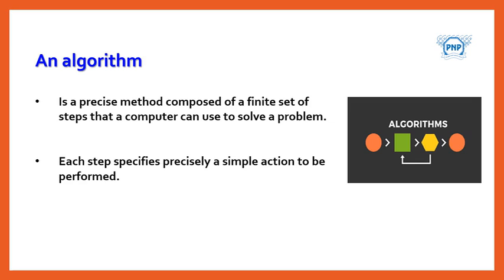First, the important part: an algorithm is a precise method composed of a finite set of steps that a computer can use to solve a problem. Each step in an algorithm specifies precisely a simple action to be performed.